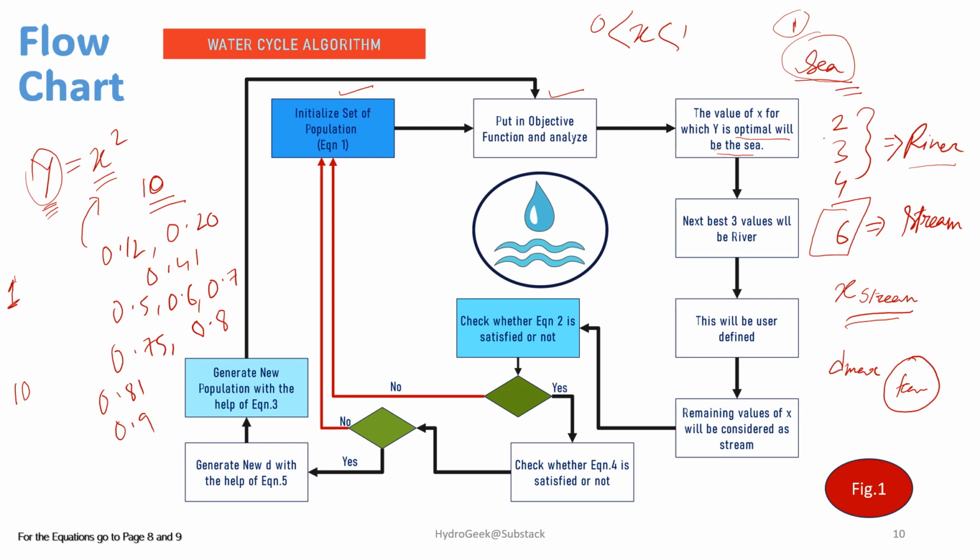So if this is your x equal to 0 and this indicates 1, then the distance d max will give that distance within which you can collect values of x. We also refer to it as the domain of feasibility or region of feasibility.